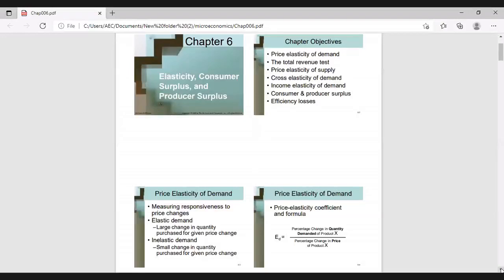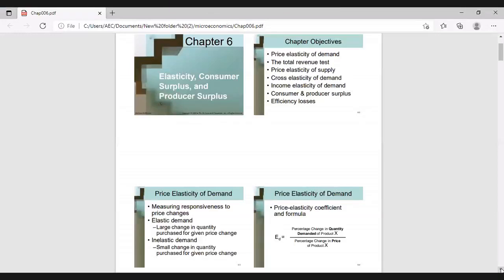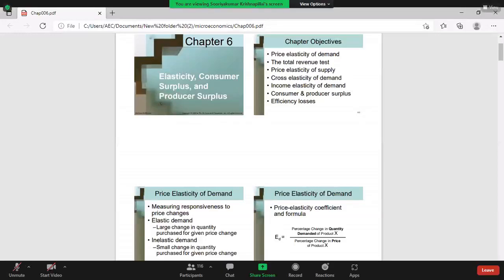So first, in the elasticity of demand, there are different elasticities of demand. Price elasticity of demand means the particular product's price change, and the consumer's responsiveness to it.